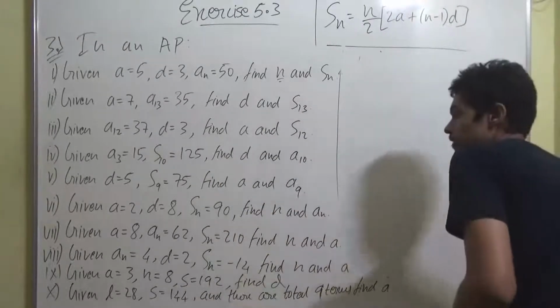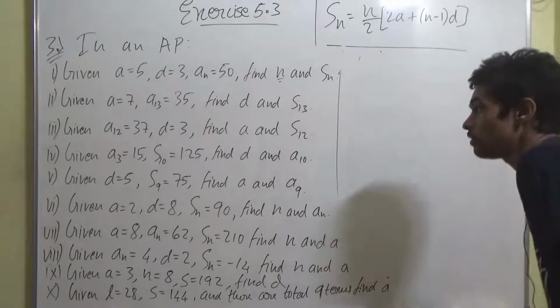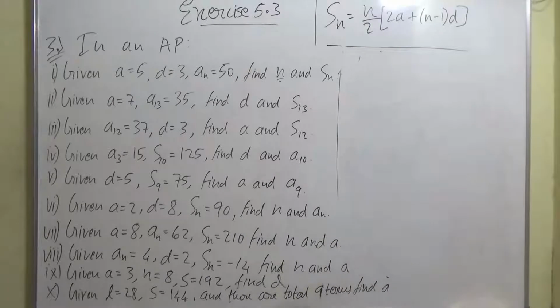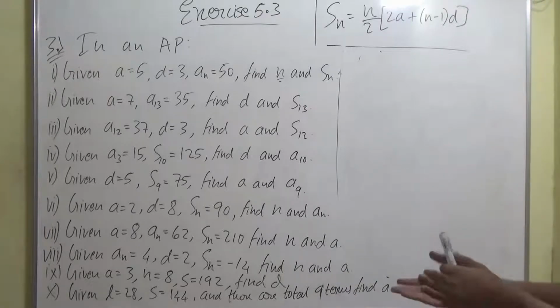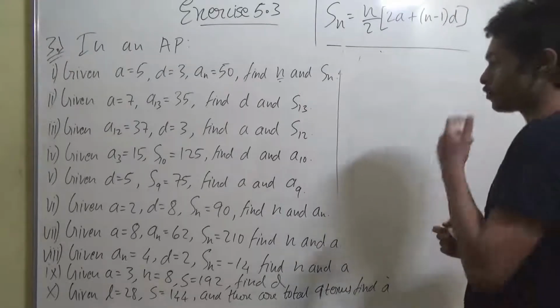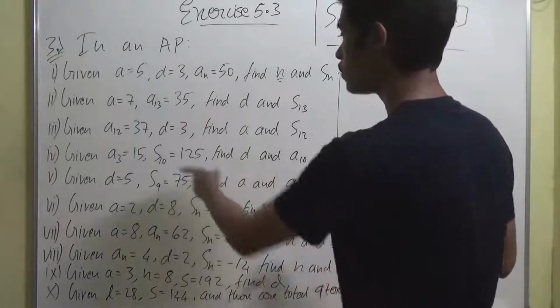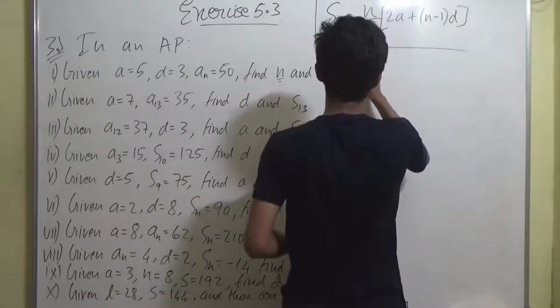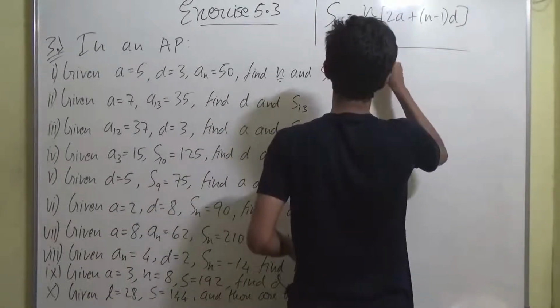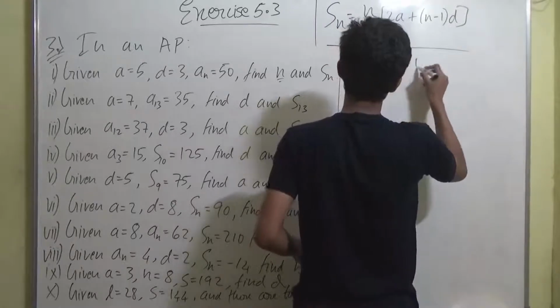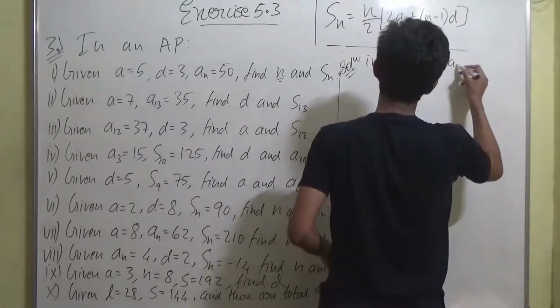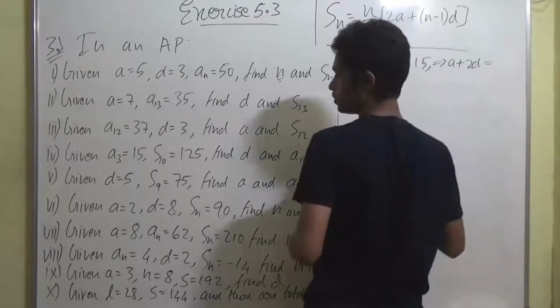Now the fourth sub question, which says: given a3 equal to 15, S of 10 equal to 125, find d and a of 10. Okay, guys, before finding them, let's first write the given things mathematically, and let's see whether we'll be able to find it. So a of 3 equal to 15 means a plus 2d equal to 15.